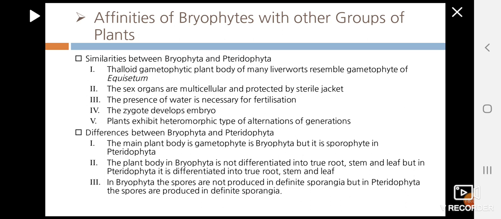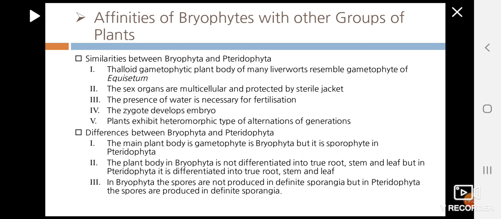Now, we discuss the differences between Bryophyta and Pteridophyta. The main plant body is gametophyte in Bryophyta, but it is sporophyte in Pteridophyta. The plant body in Bryophyta is not differentiated into true root, stem, and leaf, and in case of Pteridophyta, it is differentiated into true root, stem, and leaf.